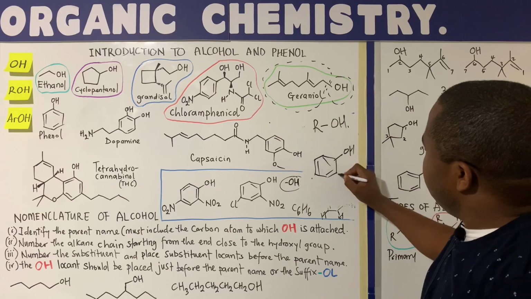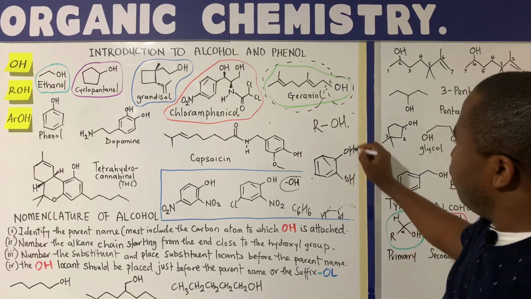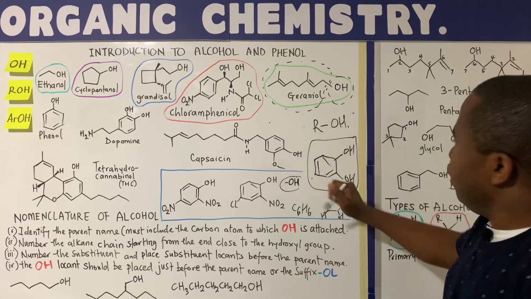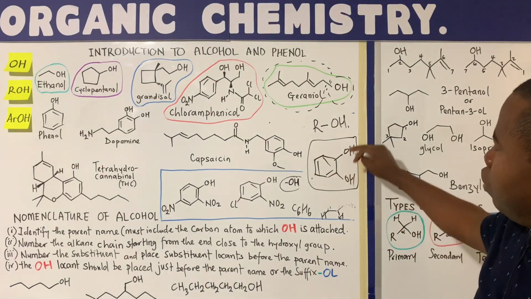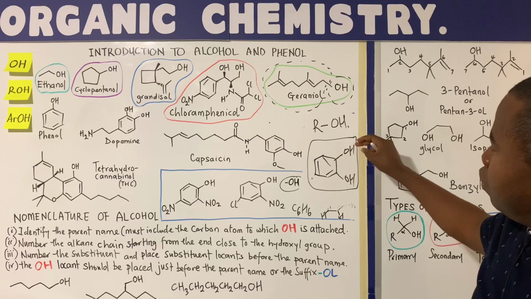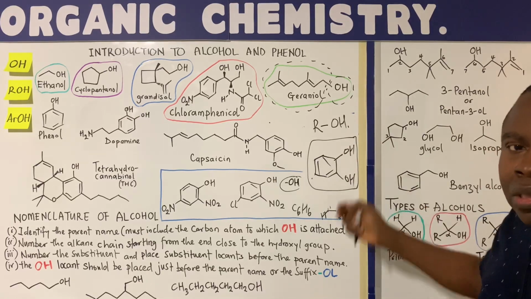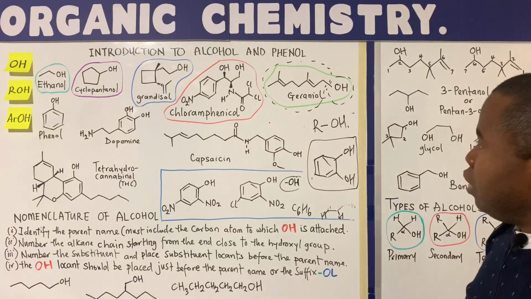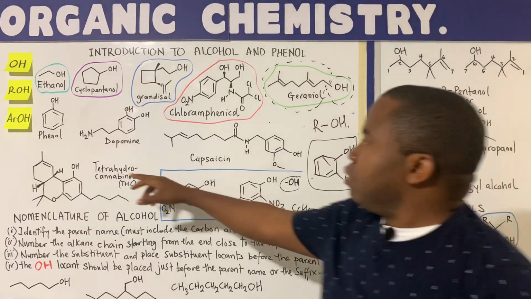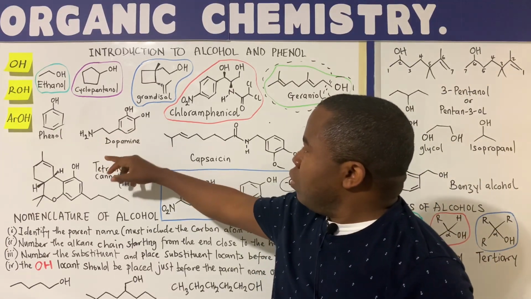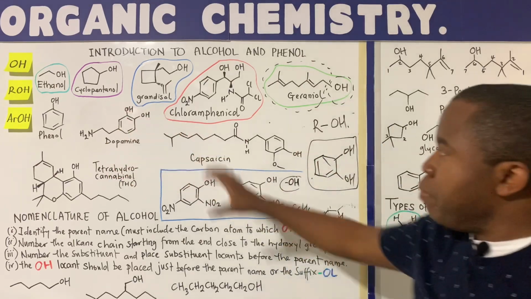So when we have something like this, we say we have catechol. A catechol is a benzene ring that has two hydroxyl groups linked to two of the carbon atoms in the ring. So this is catechol. This is amino catechol, and it is called dopamine.